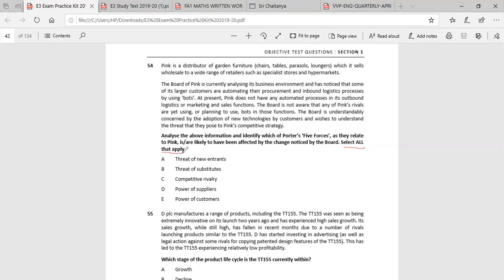See, if A is the option, do you think A will be the option here? Please respond. No, no is your answer. You're saying threat of new entrants is not there.